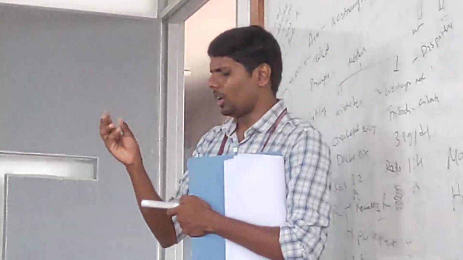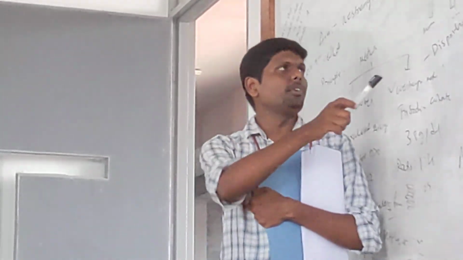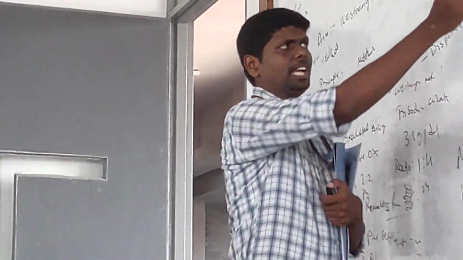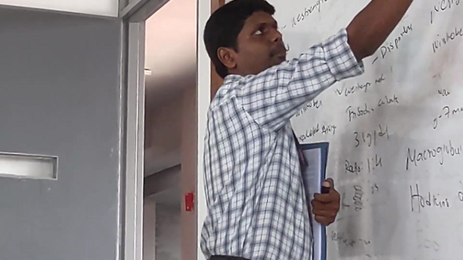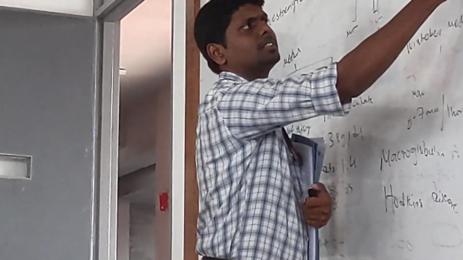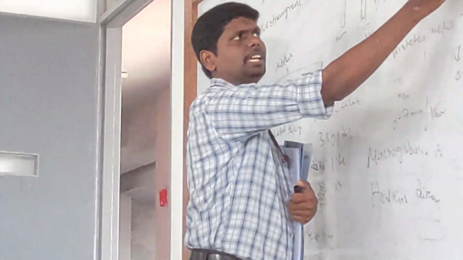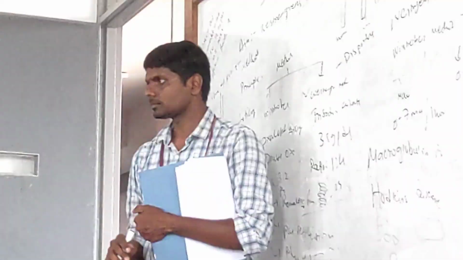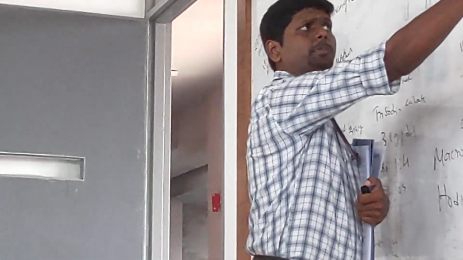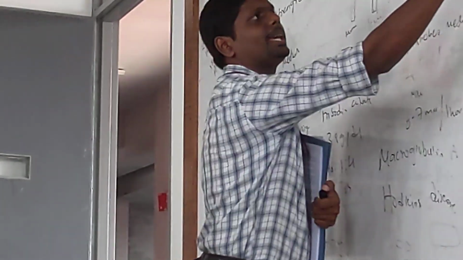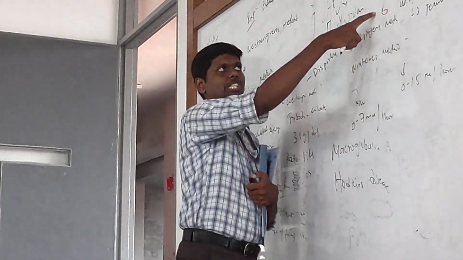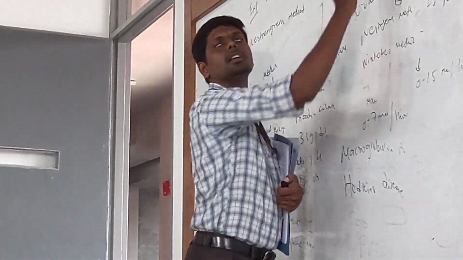And I want to tell one more small thing. The difference between Wintrobe's tube and Westergren's tube. Westergren's tube is 30 centimeters long and both ends are open. Whereas Wintrobe's is 50 centimeters long, and one side is closed. Now, Wintrobe's tube can also be used for PCV and ESR. You can perform both ESR and PCV in Wintrobe's, whereas in Westergren's it is purely ESR.